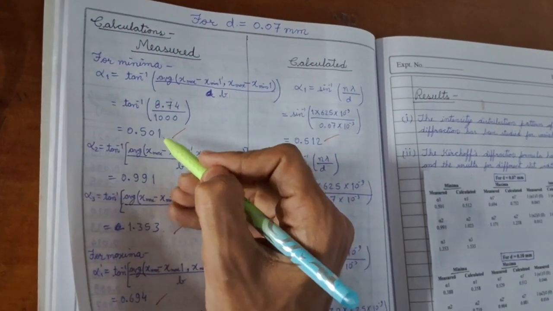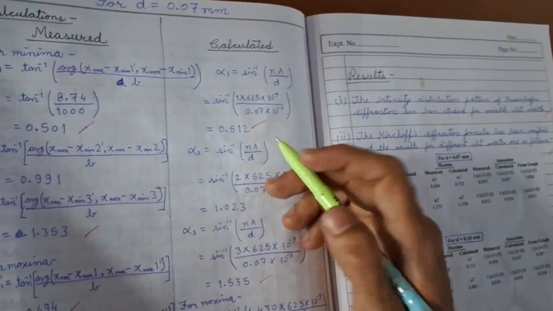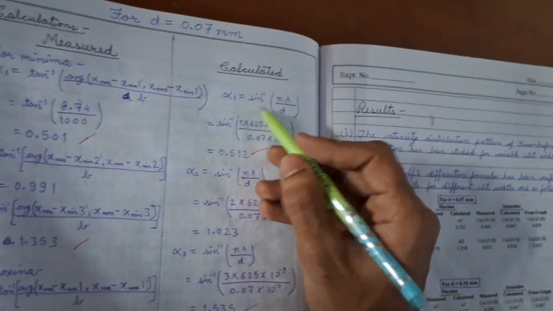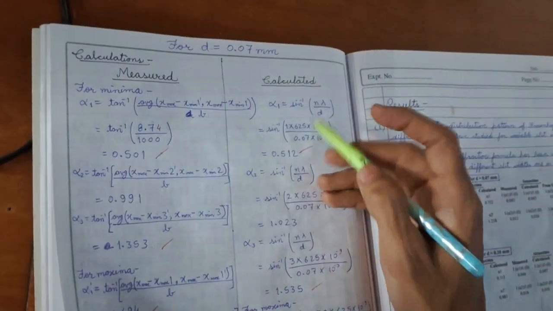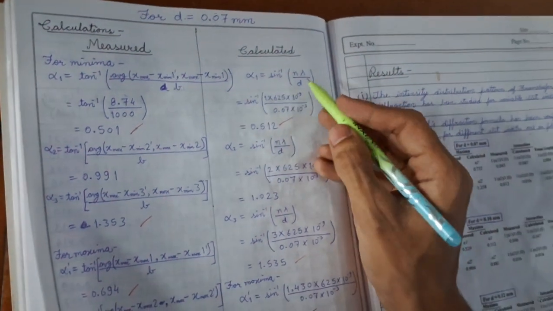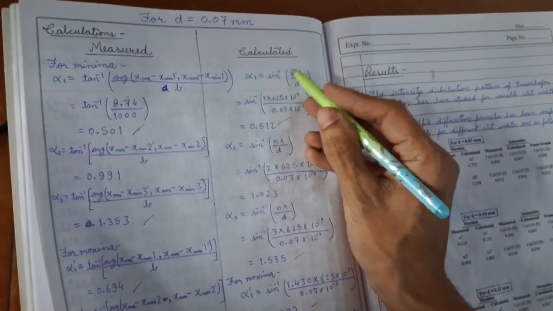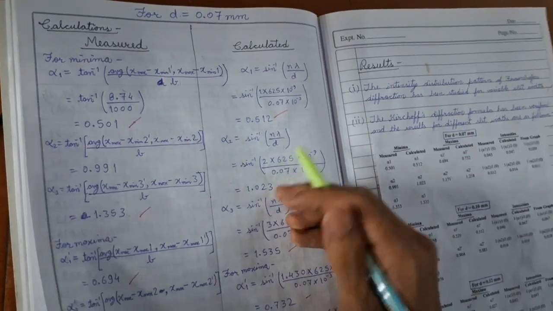Similarly your alpha 1 will be this. Now from the formula you will also calculate alpha 1 using sin inverse. From the formula sin alpha is equal to n lambda by d, where n is the order. For first minima it will be 1, for second minima it will be 2.